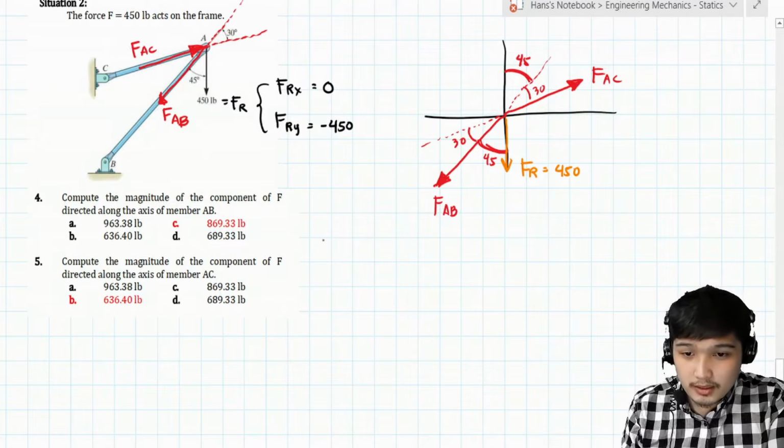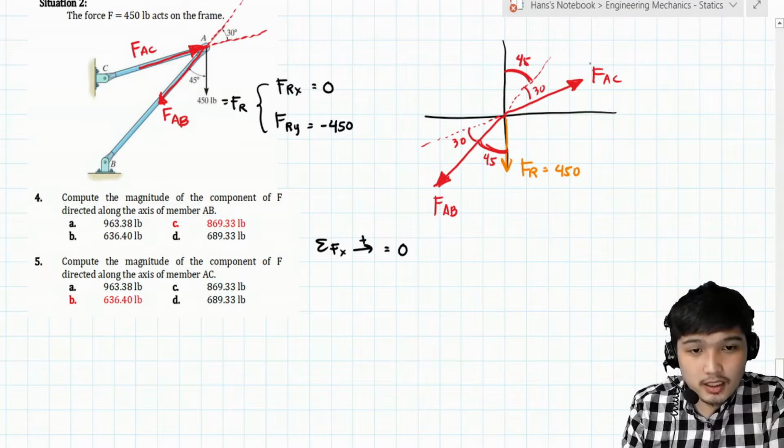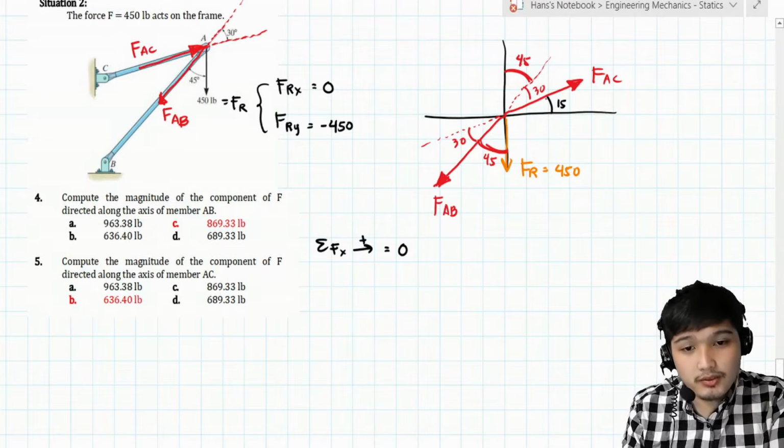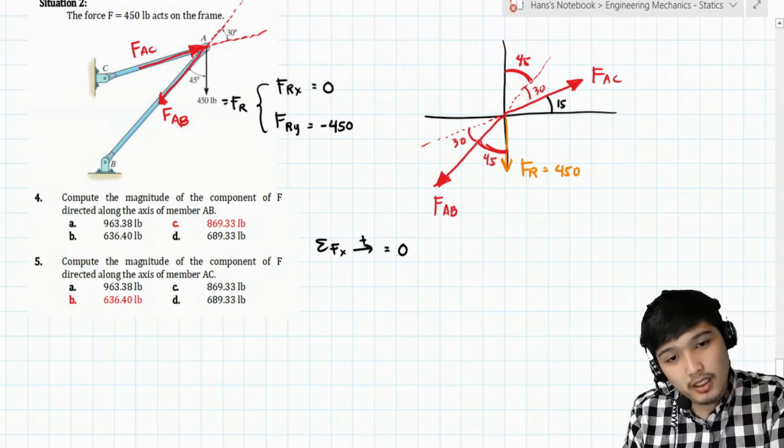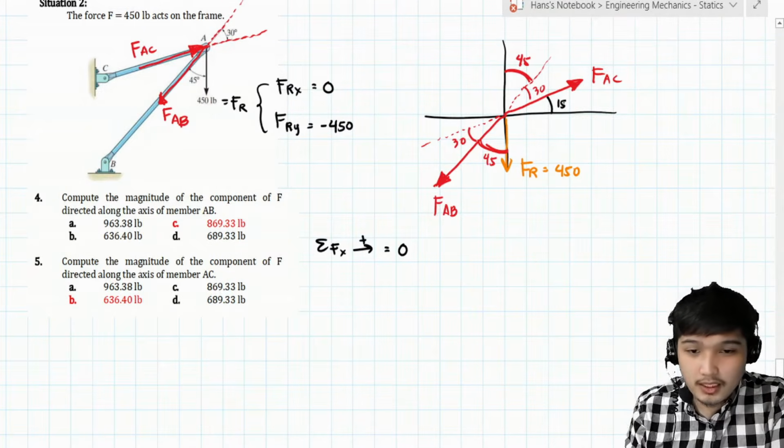So, we take summation ng mga forces along x, considering to the right, positive. So, dapat magsi-zero. So, yung FAC, tingin tayo sa figure. Kung 45, 30 ito, so 75, this one magiging 15. Tama ba? 45, 30, 75, 15, magna-90, okay?